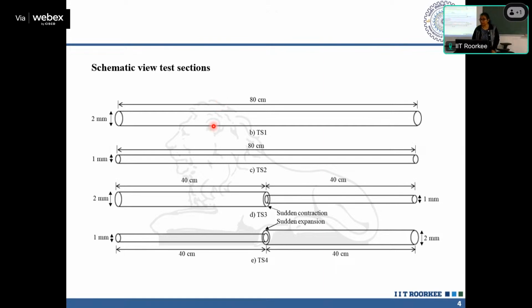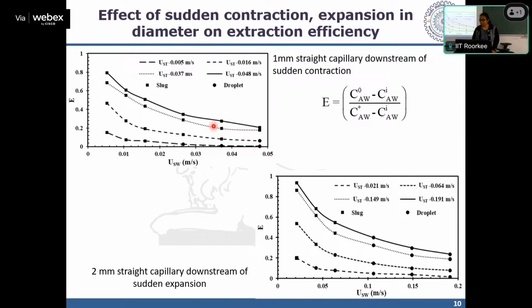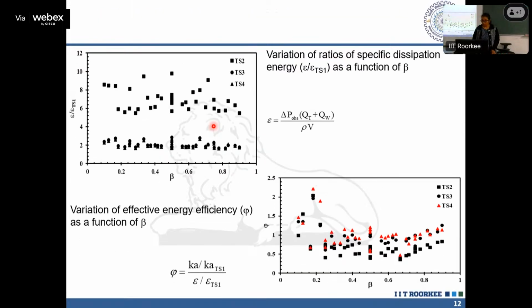Now let us understand why this happens, and how we can optimize or what type of geometry to choose. For that kind of analysis, this is again viscous dissipation, but in this case we have a ratio, the ratio of specific dissipation energy.